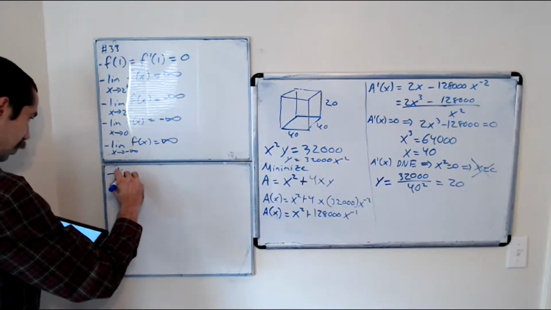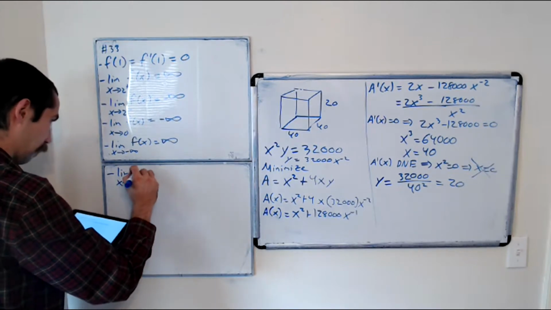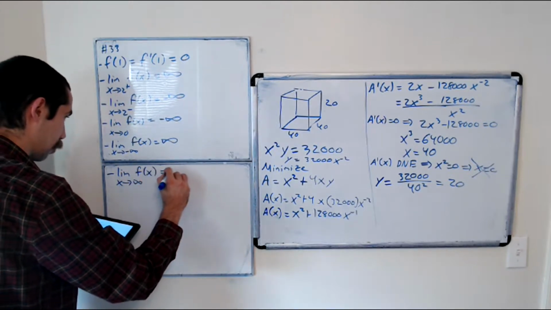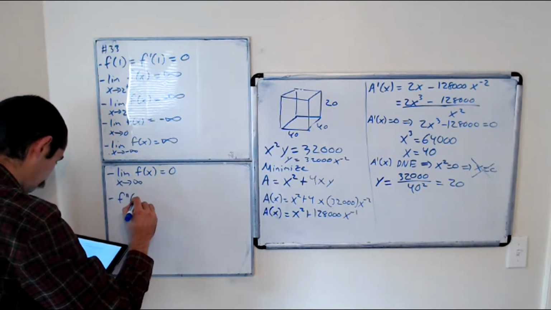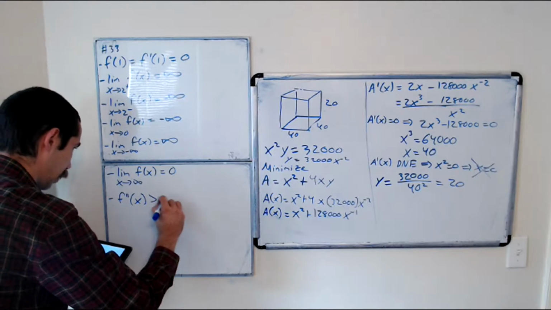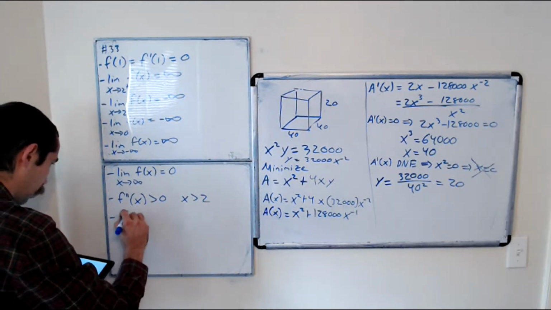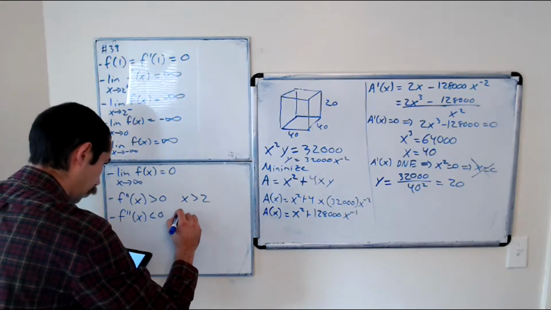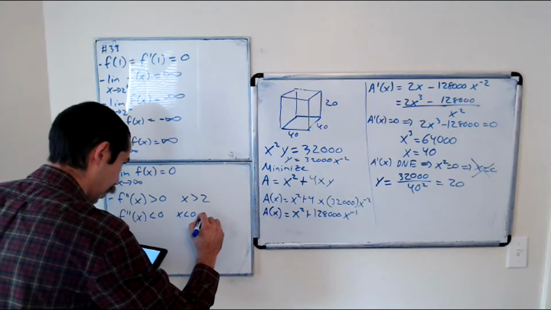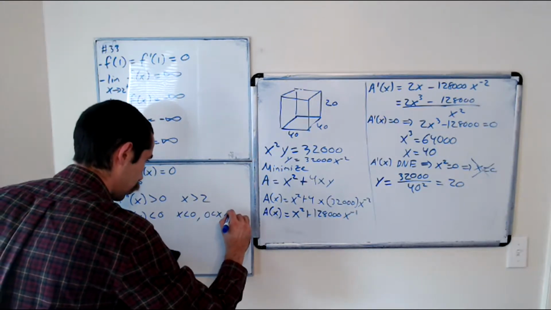The limit as x goes to infinity, so positive infinity, of f of x equals 0. f double prime of x is positive for x greater than 2, f double prime of x is negative for x less than 0, and 0 less than or equal to x less than or equal to 2.